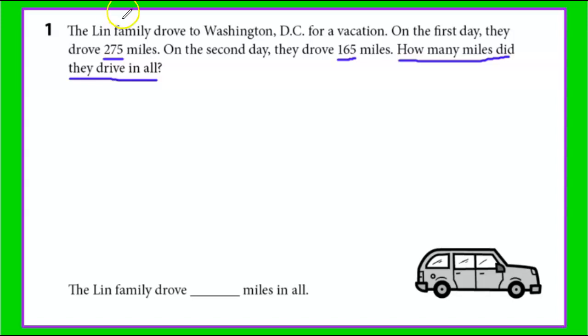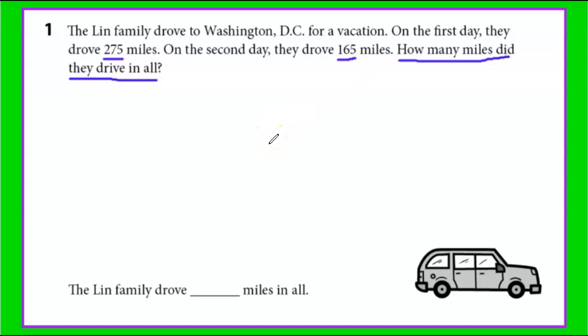Because I know that 275 miles is a little more than 250 miles, and I know that 50 is half of 100, so it's kind of like 250 miles. And then I see 165 miles. Well, I know that 65 is really close to 50. And if I add 250 plus 150, I know that's 400, so it'll probably be a little more than 400. That's how I would make a good estimate of how many it will be.